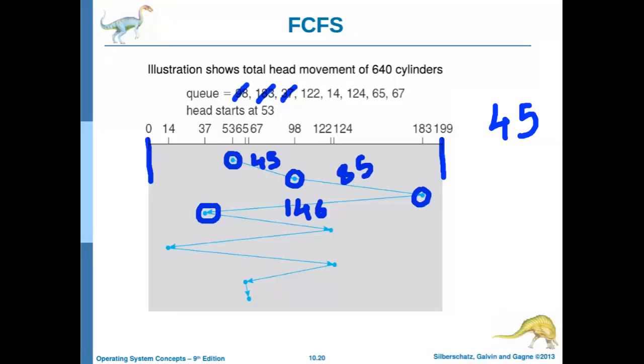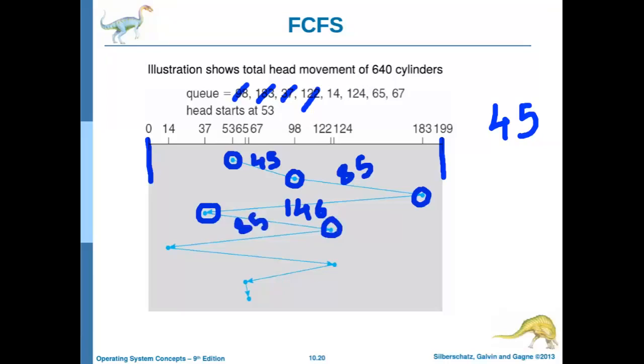Next after 37 is 122. This can again be calculated by 122 minus 37, that gives me 85. So this movement is 85 cylinders.